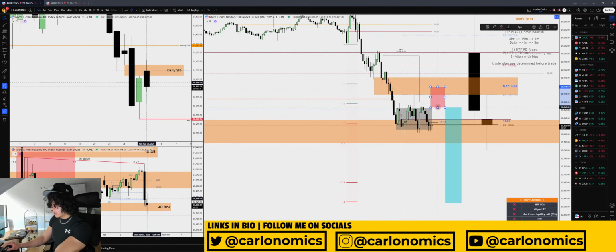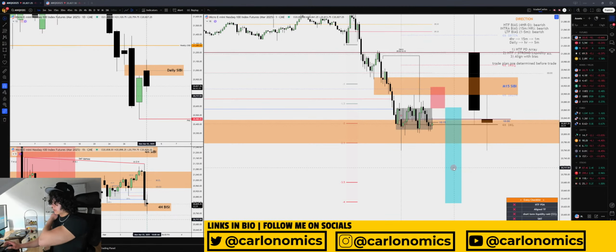So this consolidation, manipulating into this 15-minute imbalance above. And then once manipulation has occurred, we can look for a 1-minute change in the state of delivery, then go and target the lows. So accumulation, manipulation, distribution. So this is one scenario I have in mind right now.